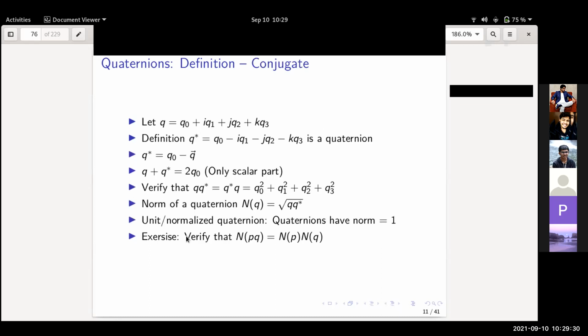Any questions until now? In quaternions, don't you have the relation that the conjugate of PQ equals Q star into P star? Yes, that you also have. That is directly true, and that is also one of the exercises. I did not include it here; later on, I will be including it. Yeah, very good. That is PQ whole star equals Q star P star.